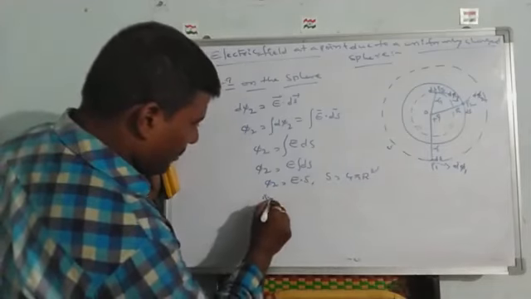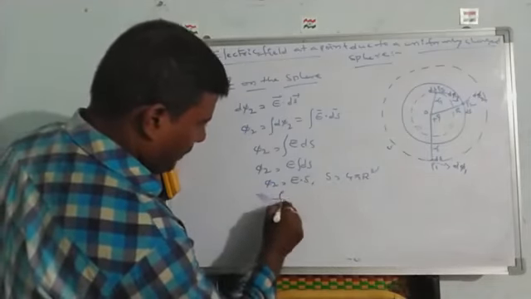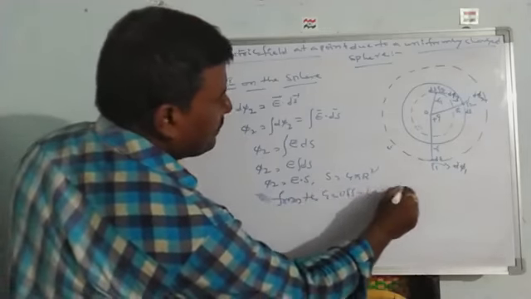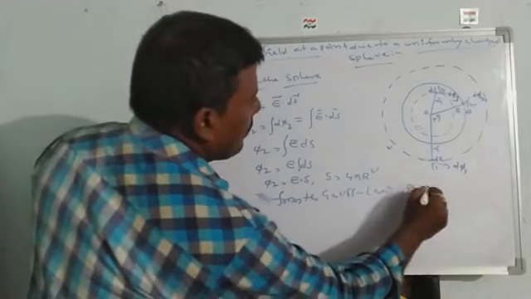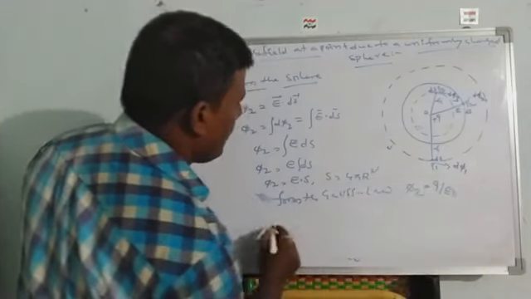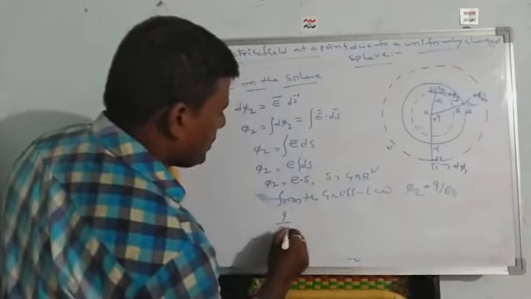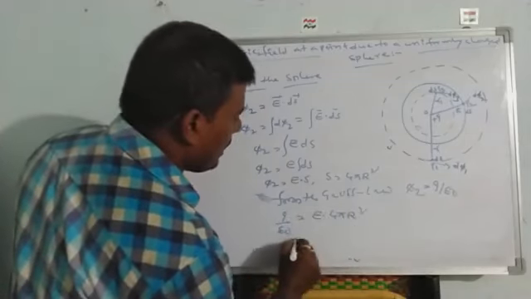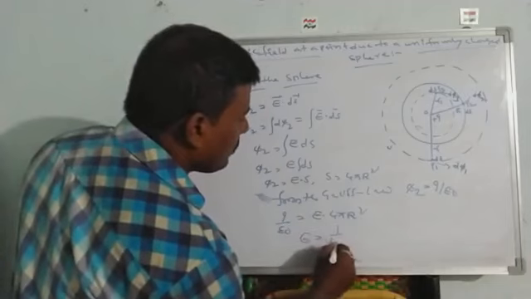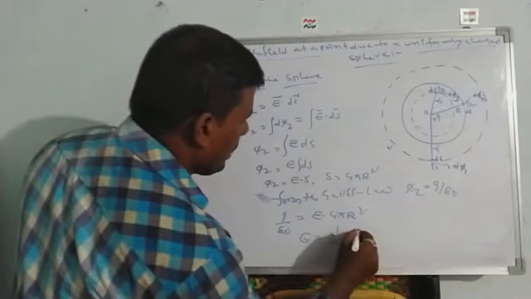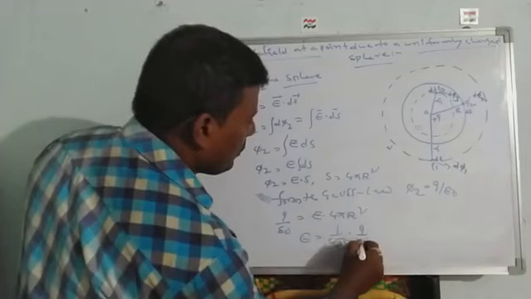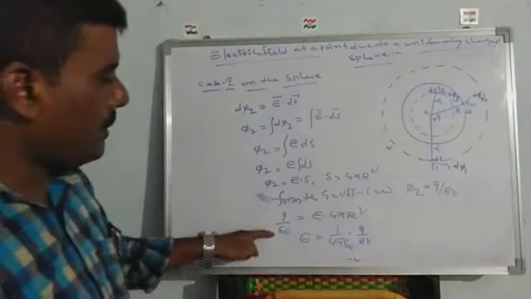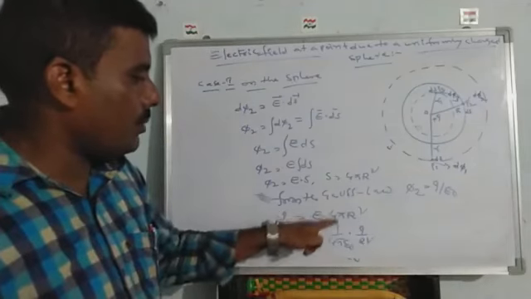By using the Gauss law, phi 2 equals Q by epsilon naught. So Q by epsilon naught equals E into 4 pi R square.